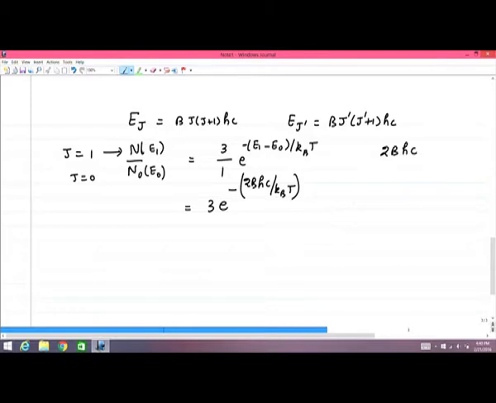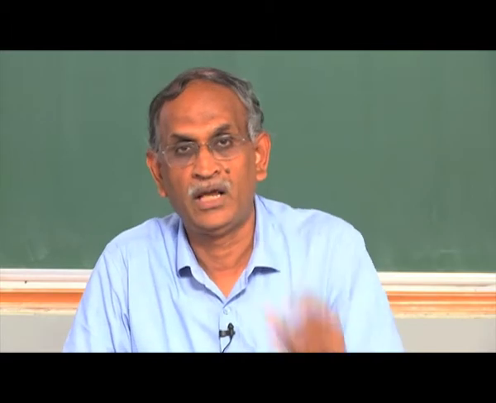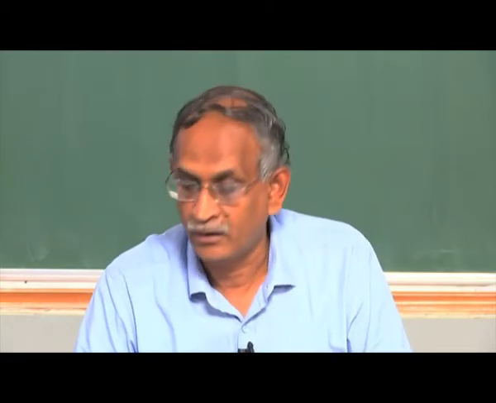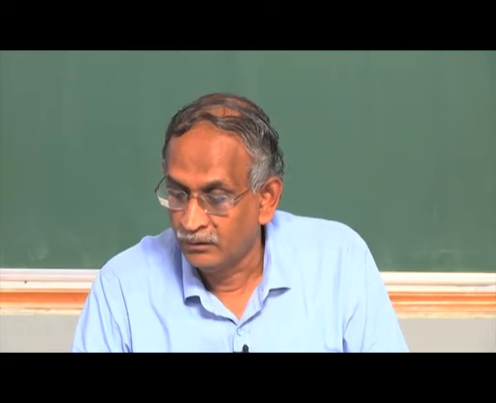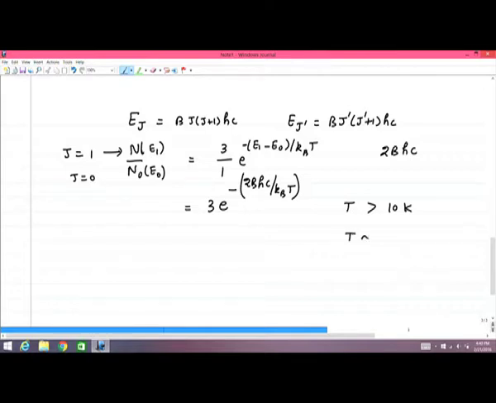Now, this energy 2Bhc is very small compared to the factor kBT, the thermal energy, for any temperatures greater than say 10 Kelvin, and certainly at T equal to 300 Kelvin. This energy Bhc is much smaller than kBT.